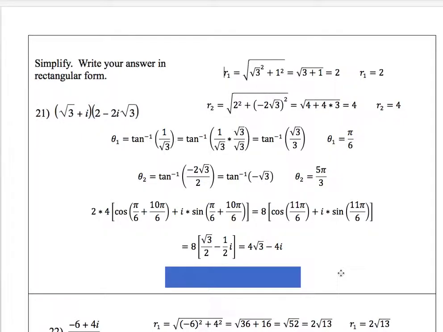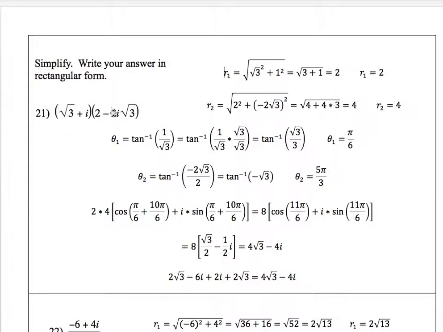And one thing I did not show my students in class is that you could have also just FOILed this. However, a lot of you will make mistakes with foiling, especially with these I values. Okay, and here's why. Notice if you multiply root 3 times 2, you get 2 times root 3, which is fine.